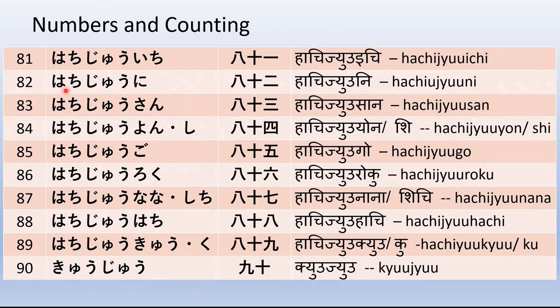Hachiju Ichi, Hachiju Ni, Hachiju San, Hachiju Yon, Hachiju Go, Hachiju Roku, Hachiju Nana or Hachiju Shichi, Hachiju Hachi, Hachiju Q, and Kyuju. Kyuju is 90. Q for 9 and Ju for 10.